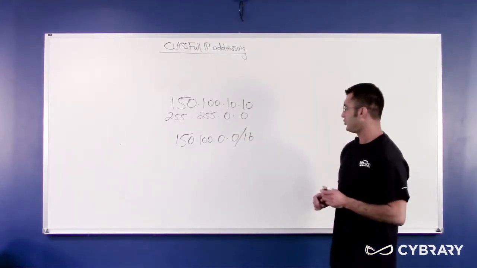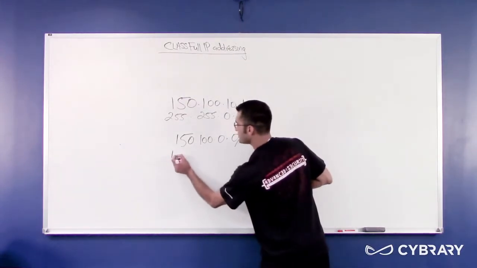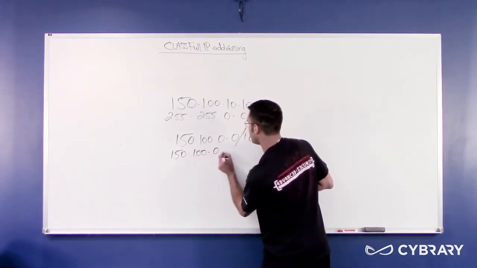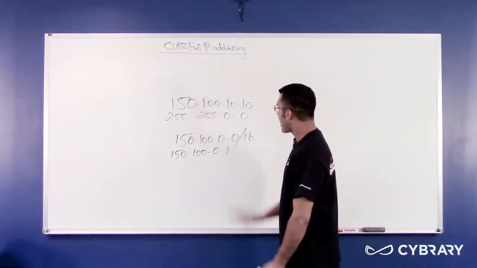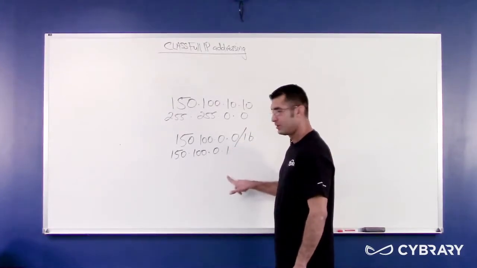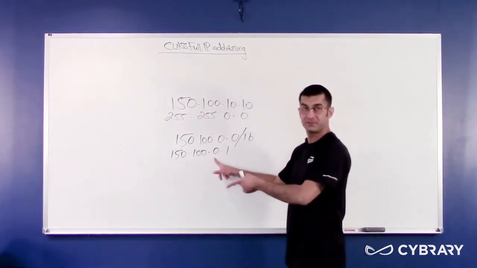If I were to ask you for the first valid address here, you would say 150.100.0.1. Why 0.1? Well, the rightmost octet has to be full before you add 1 to the octet to the left of it.